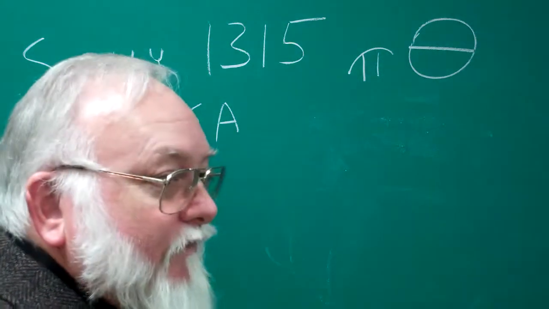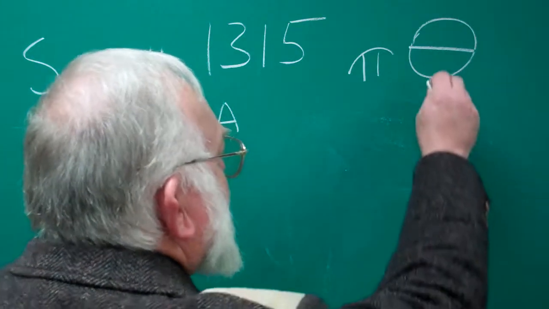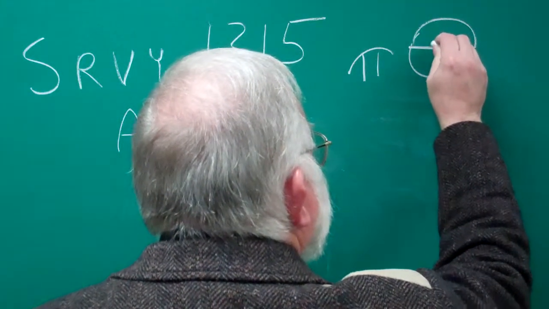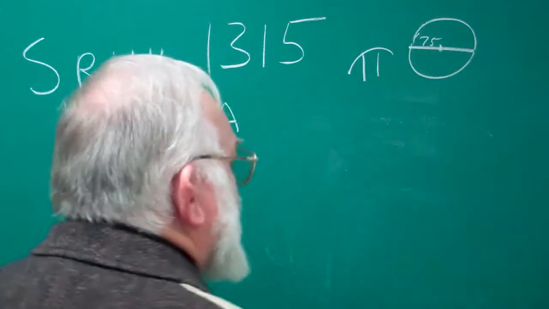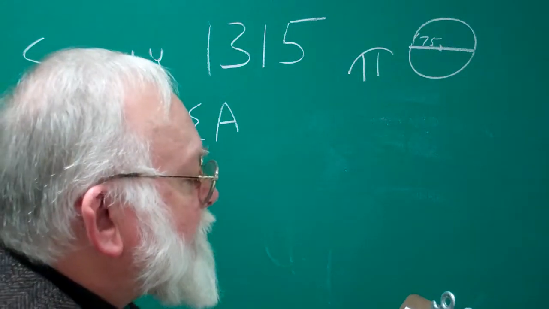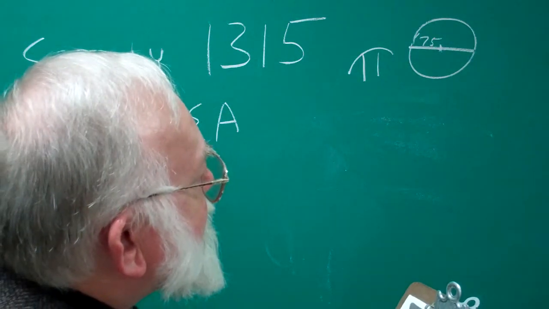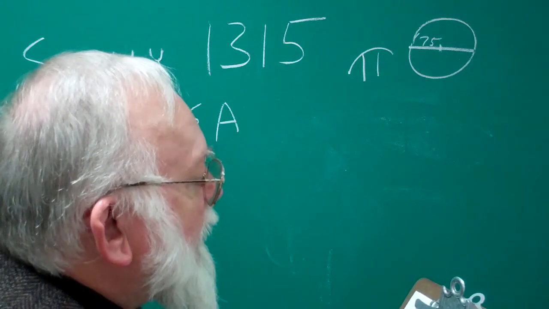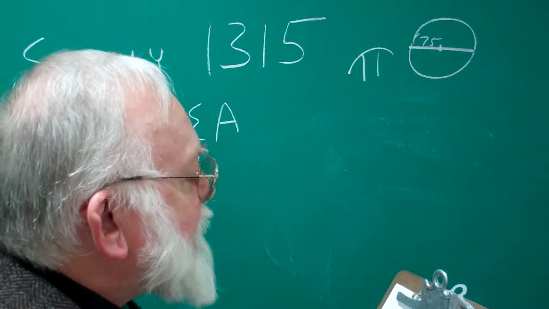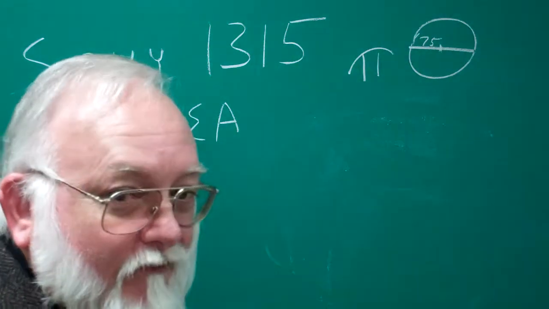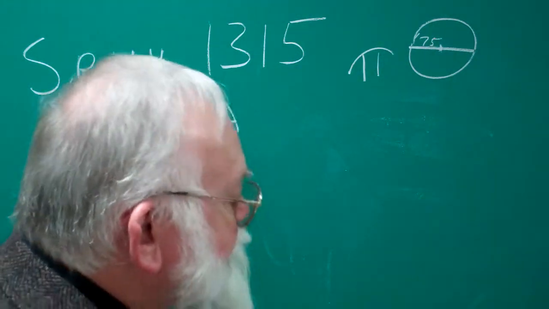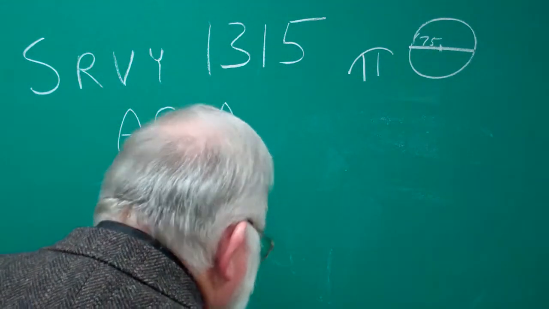So anyway, to figure the area of a circle, if it has a 75-foot radius, you square the radius and multiply that by pi, and you have 17,671.45 square feet. Couldn't be any easier.